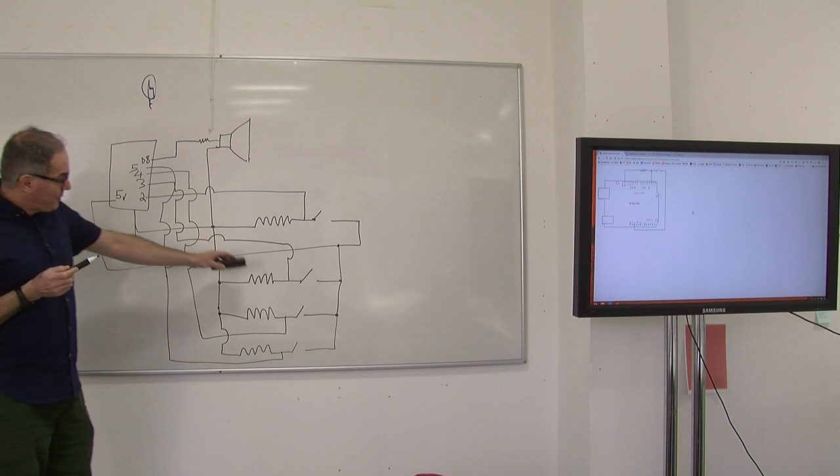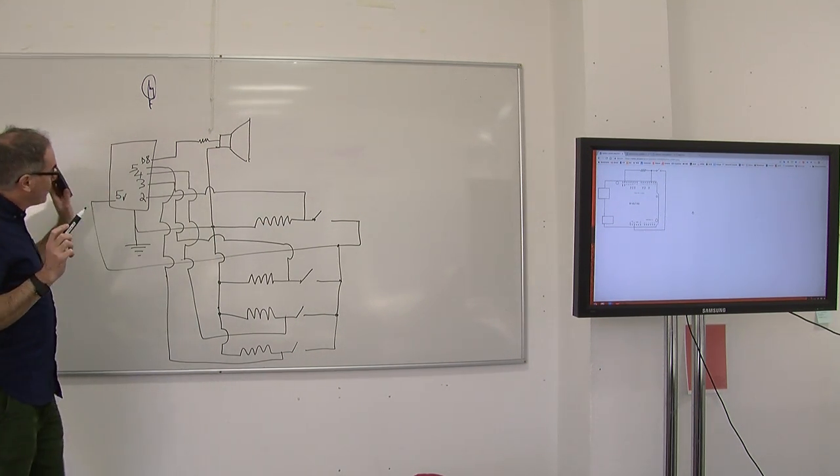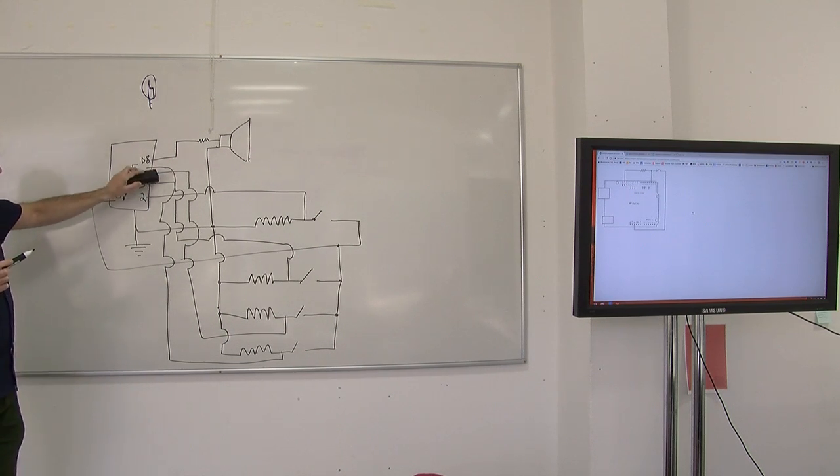There's nothing, this is just repeating that, as simple as that, nothing new. And that gives us 2, 3, 4, 5, which is 1, 2, 3, 4 key.